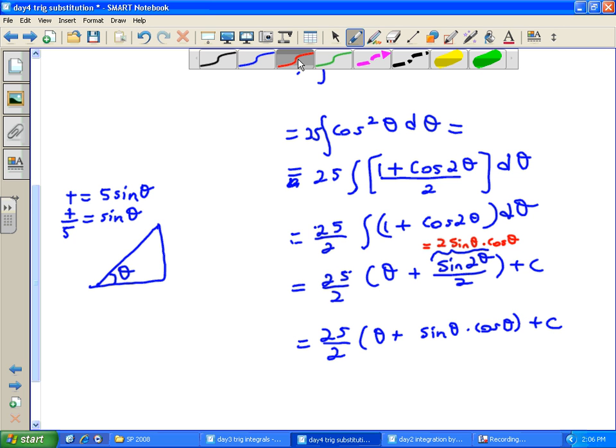Opposite is what? t, and hypotenuse is 5, because sine is opposite over hypotenuse. So that means the third side should be the square root of 25 minus t squared. I need 3 things. I need to know what theta is, I need to know what sine theta is, and also what cosine theta is. Let's begin with theta.